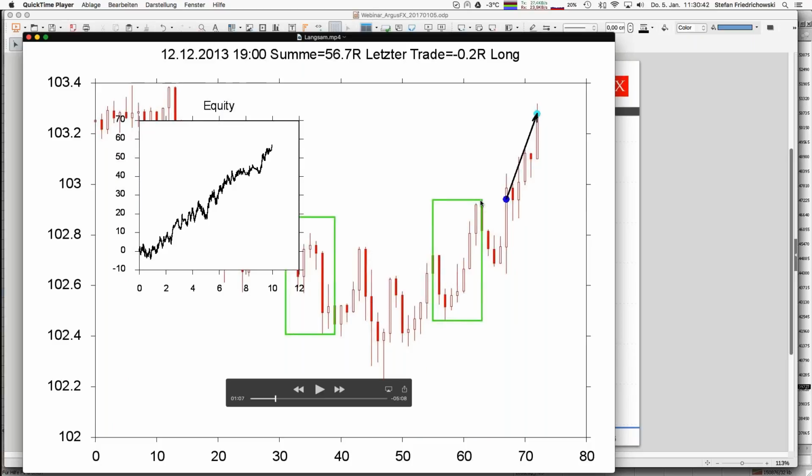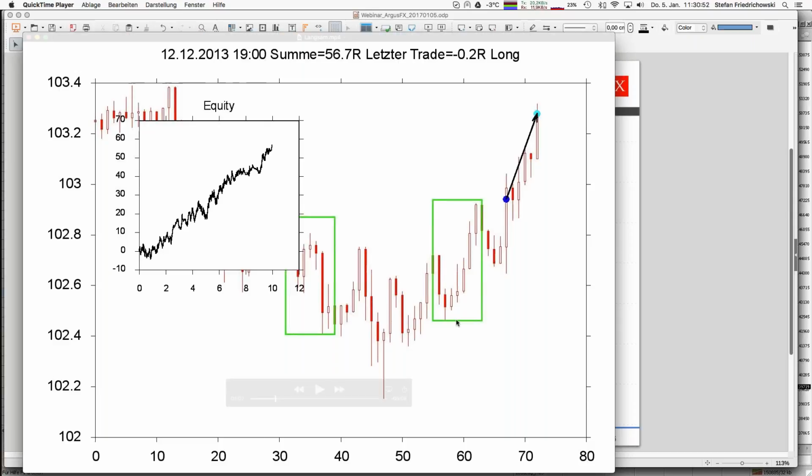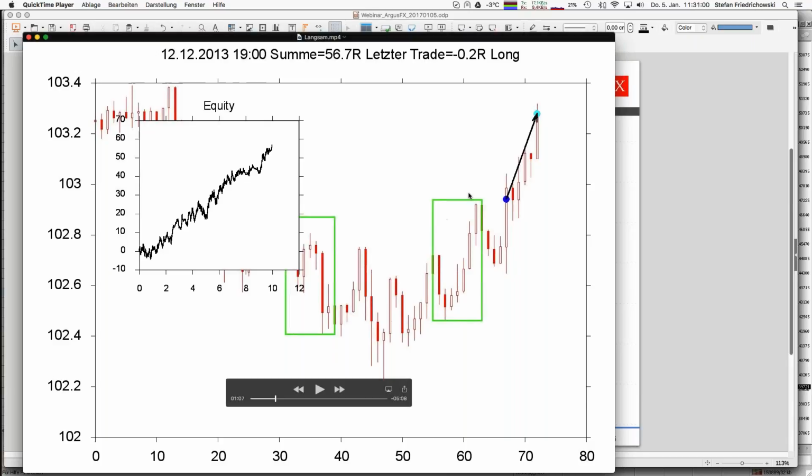Within that movie, you see sometimes black squares and sometimes green squares. The color green indicates that the minimum range has been fulfilled. So the range is big enough in order to place orders. So in this case, let's look for the last green square here.